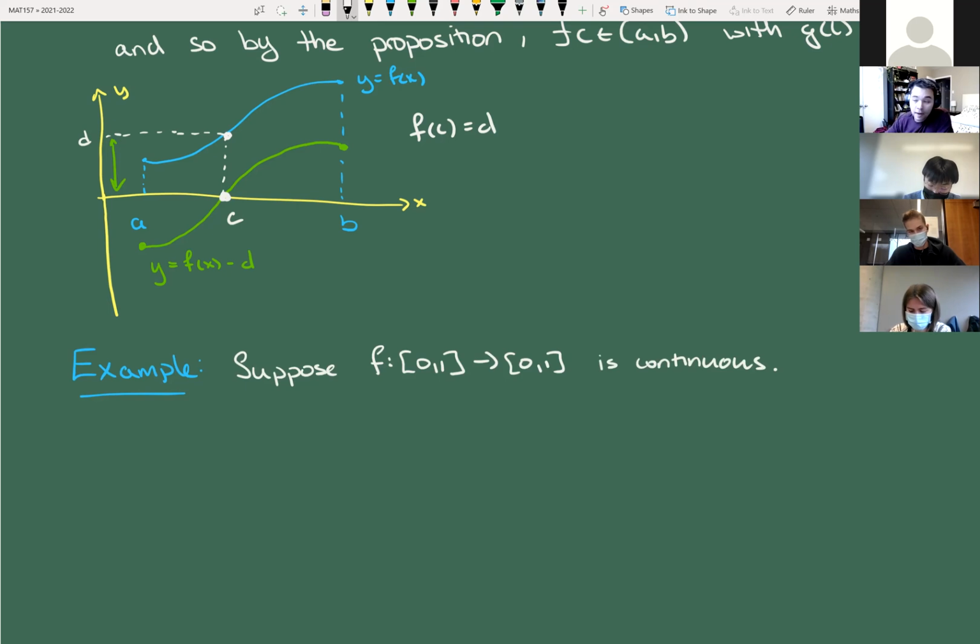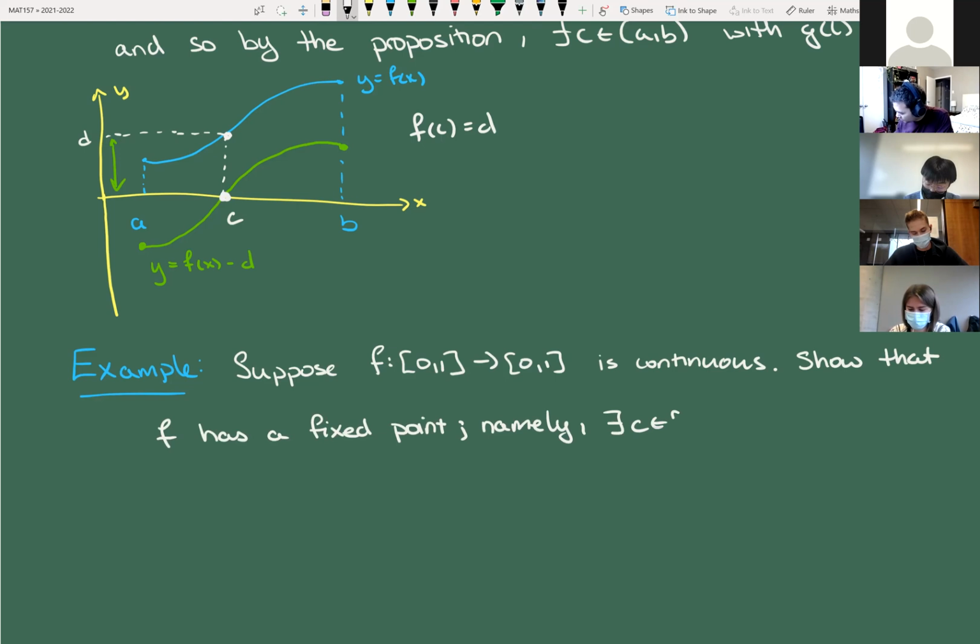So suppose that we have a map from [0, 1] to [0, 1], and you know that map is continuous. The claim is that there is a fixed point of this function. Show that f has a fixed point. Namely, I'm going to tell you what a fixed point is.